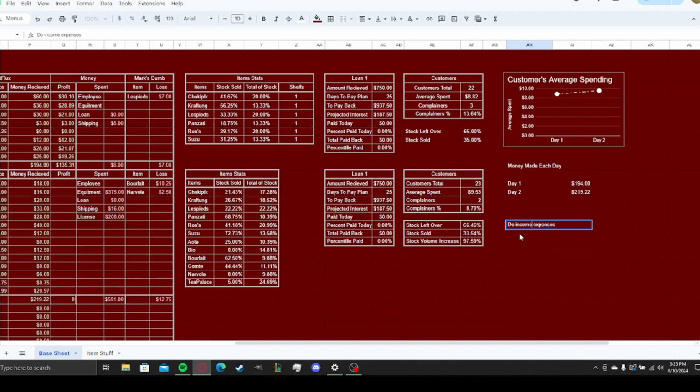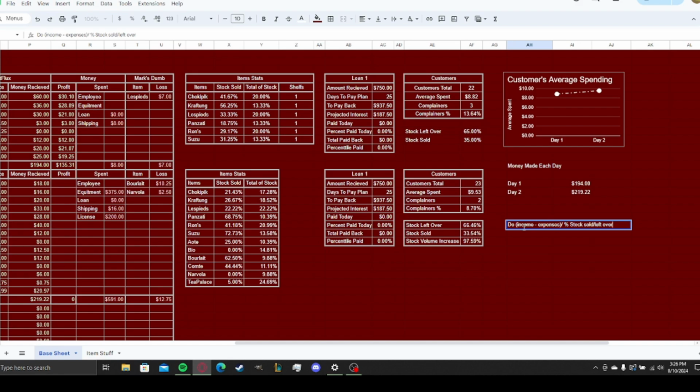Do income minus expenses and then do that all over percent stock sold slash left over. Okay.